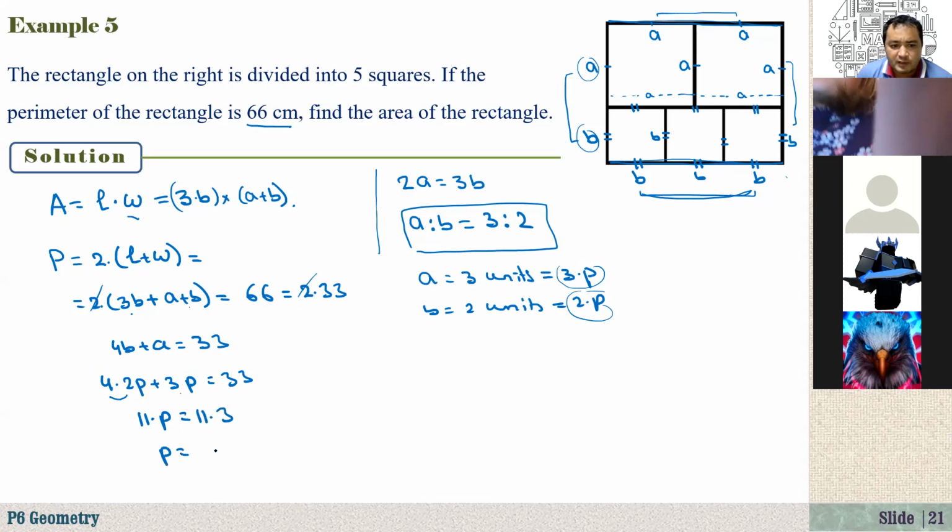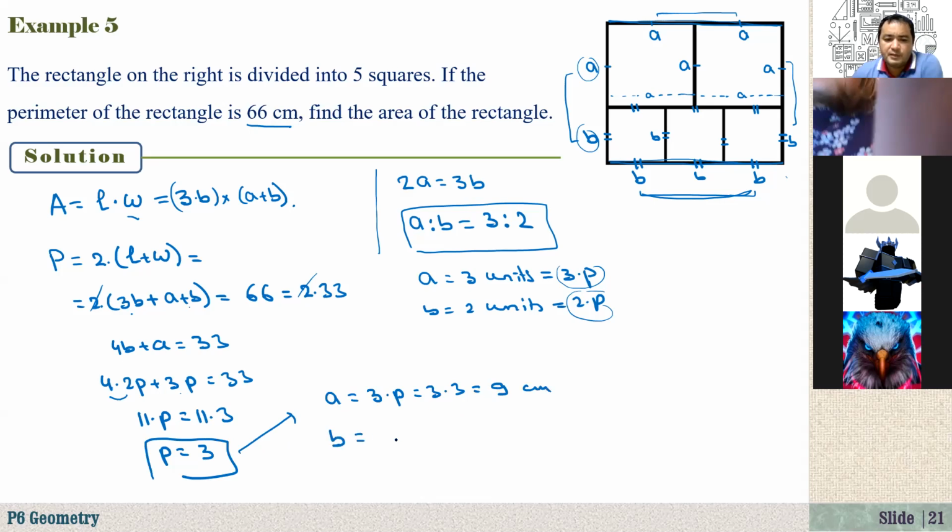Now from here, what is p? p equals 3. If p equals 3, now I can find the length of a. a equals 3 times p, 3 times 3, that's equal to 9 centimeters. How about b? b equals 2 times p, 2 times 3, that's equal to 6 centimeters.